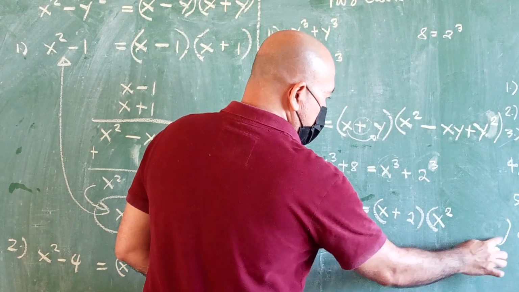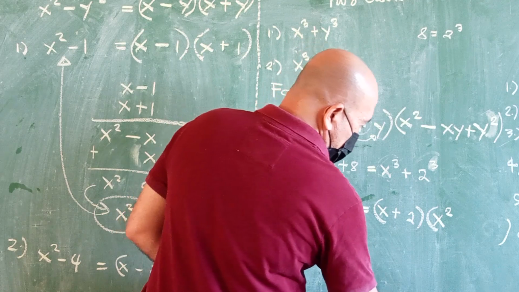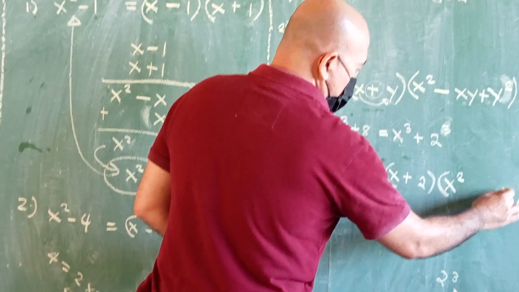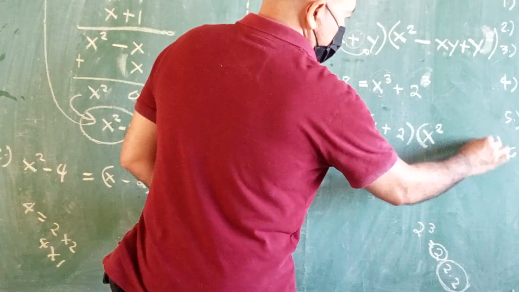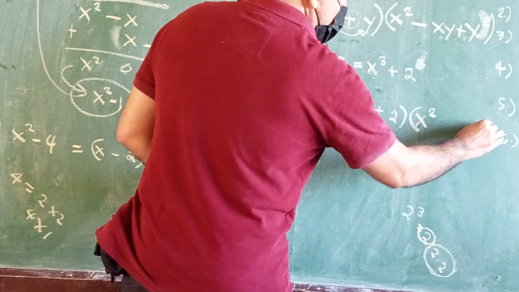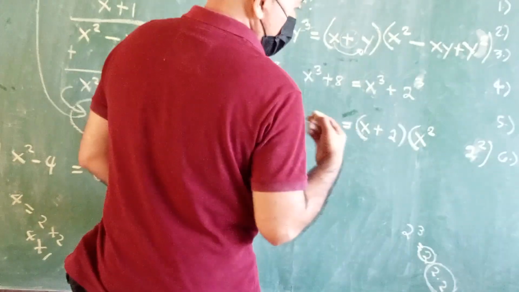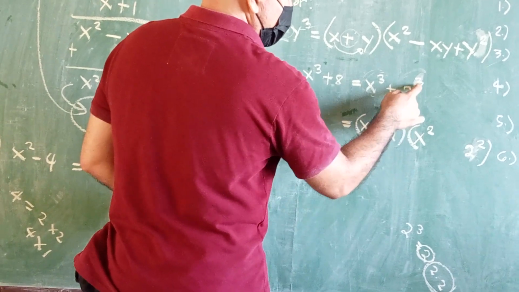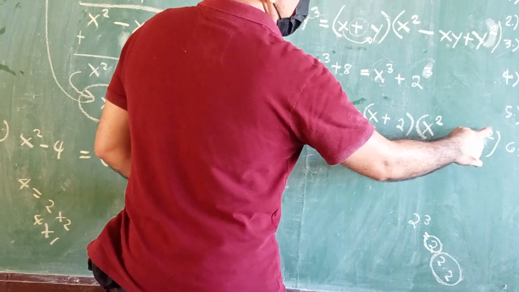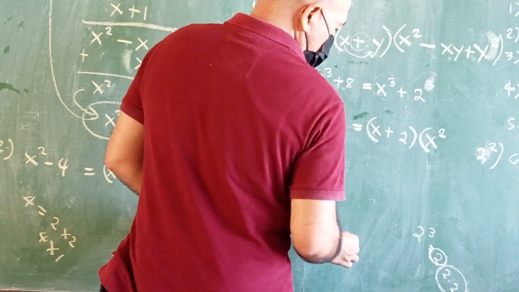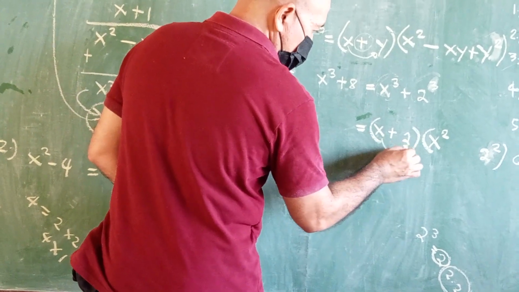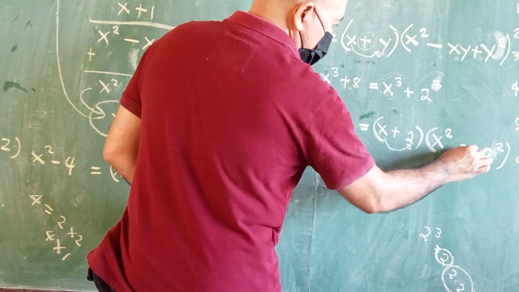After that, for the last term here, the remaining will be 2 times 2, which is exactly 4. Or you may say that is 2 squared, because you already factored out the first 2 from 2 cubed. And then for the middle term, you just multiply x times 2, and the result is 2x.